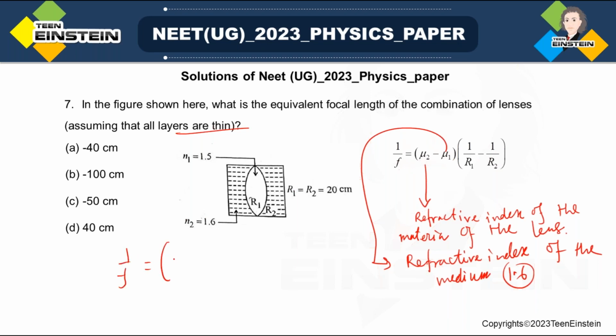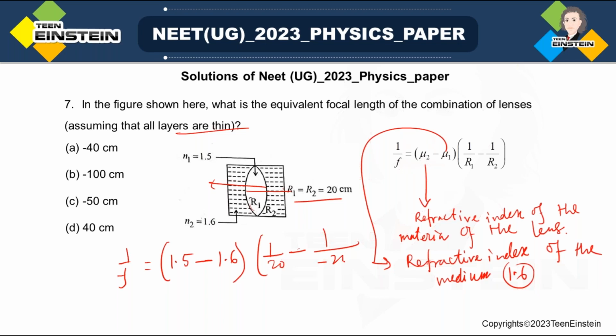So mu2 is given as refractive index of the material of the lens, so that is 1.5, and medium minus 1.6 here, and whole into 1 by r. See, in this case, r1 and r2 both are 20 centimeter. So this is 20 centimeter. And see, this here is the interesting point. See, the r1 is actually having positive value, and this has negative value.